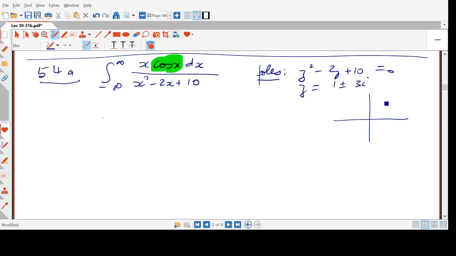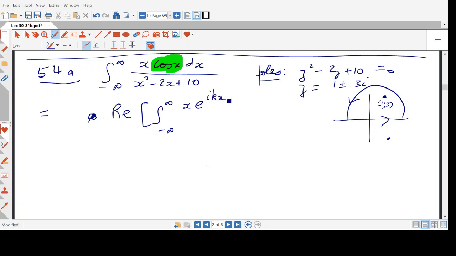Plot this. 1, 3 is there. 1, minus 3 is there. So it's only the top pole that really matters. So then you can say that this is 2 pi I. Well, actually what we should do is write this as the real part of, because it's cosine, we'll have to take the real part of the integral from minus infinity to plus infinity, x e to the I kx dx over x squared minus 2x plus 10, the real part.